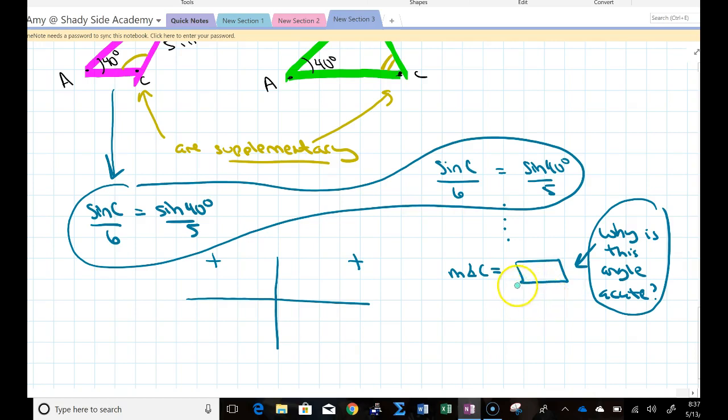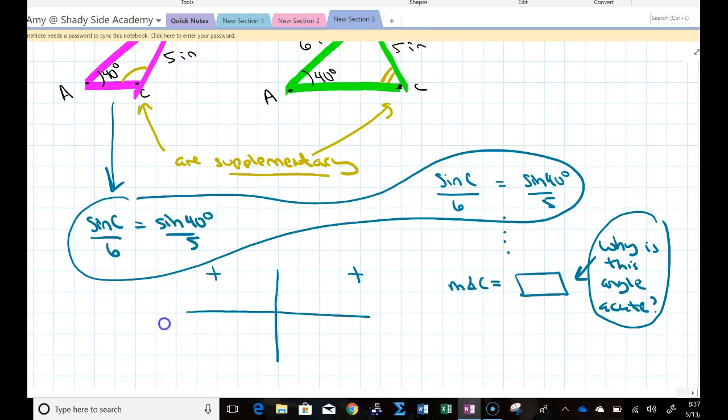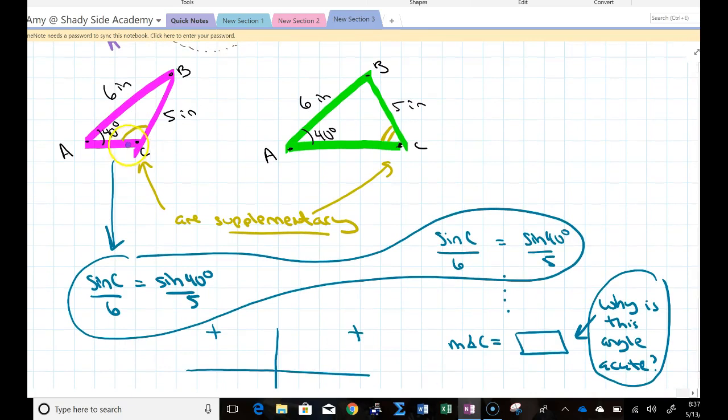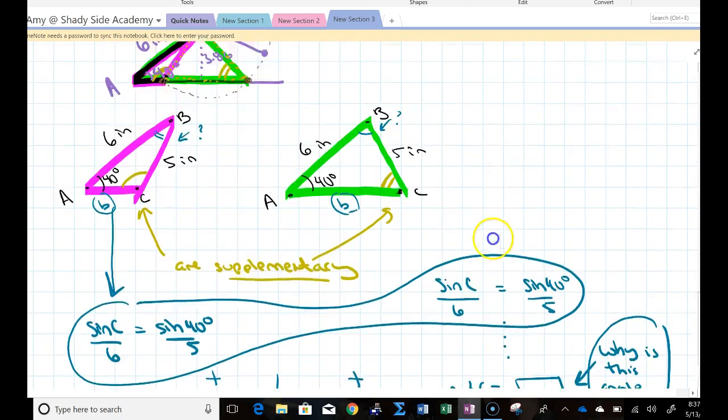How do you then figure out the measure of the other angle C? And then once you find angle C in both these triangles, how do you go about finding angle B here? That should be fairly straightforward. And then, of course, you have to solve for the missing side B. Please go ahead and do that and pause me here as you do this and answer questions along the way. And then I'm going to start with another condition. Okay?